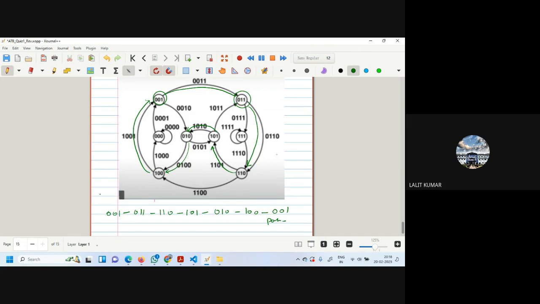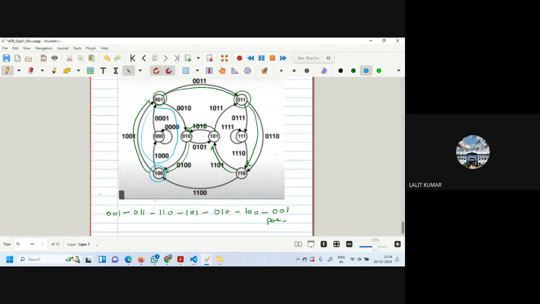Now we have to see which other paths we have not been able to go through. We can find that this is one path which we have not gone. Is that okay? Yeah. So now we start from 1, 0, 0.